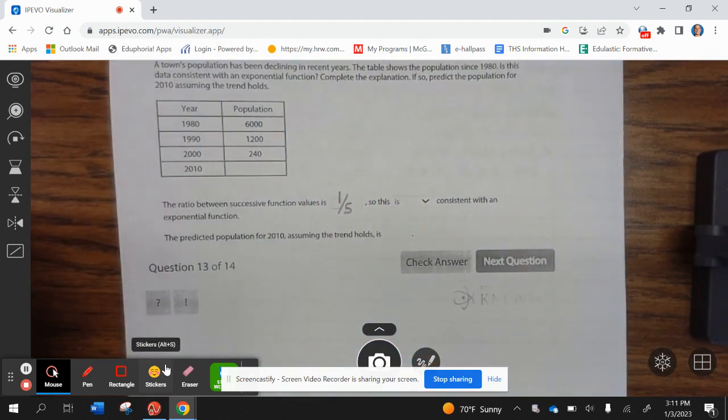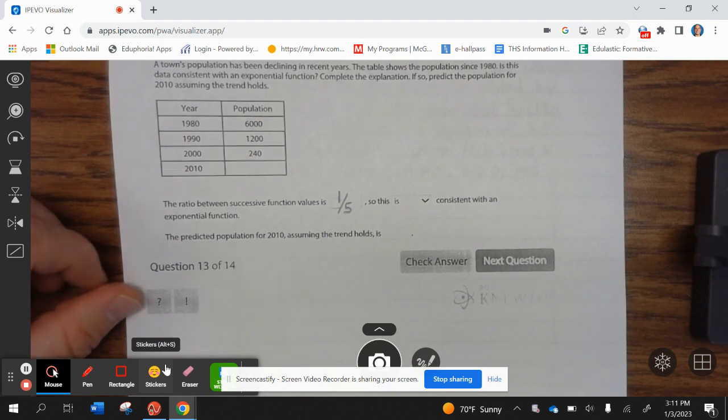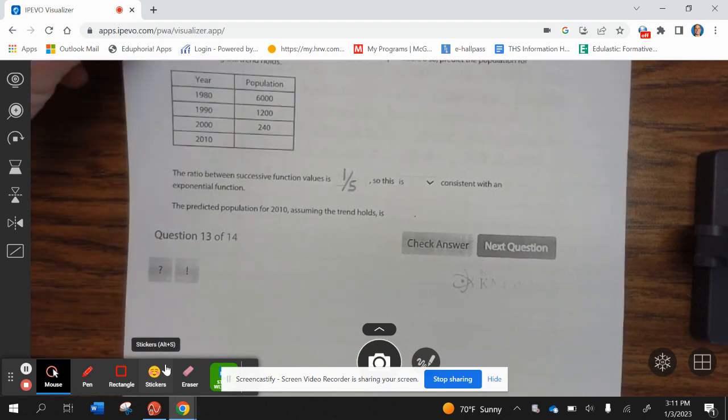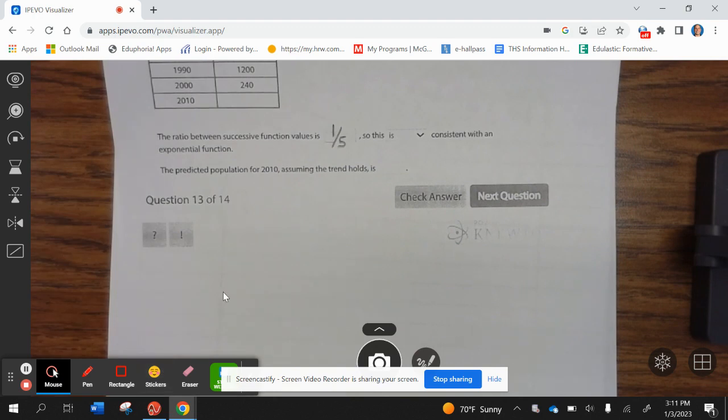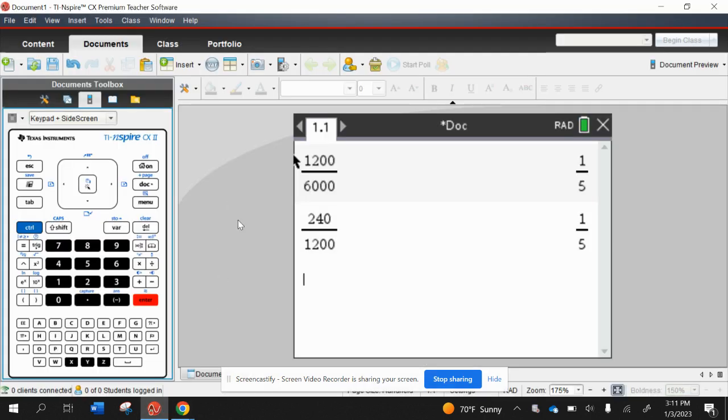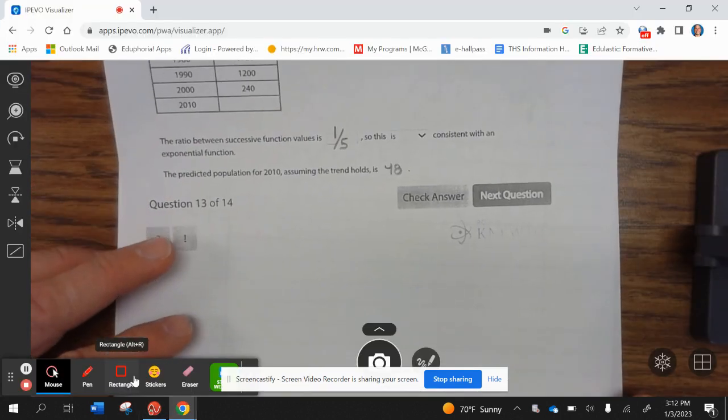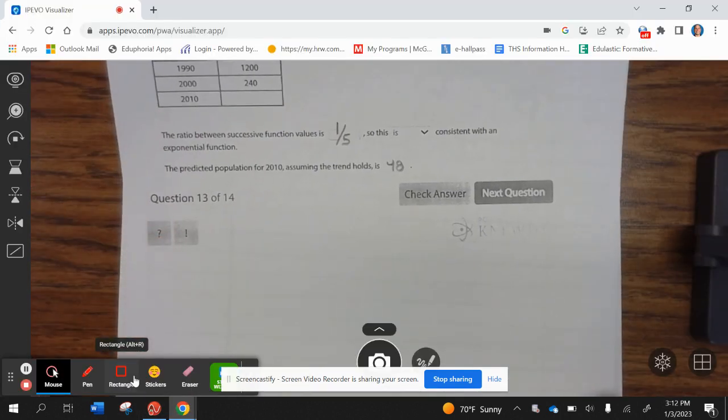So this is consistent with the exponential function. To predict the population in 2010, assuming the trend holds, all we have to do is multiply 1 divided by 5, parentheses, times 240 is 48. So the predicted population for 2010, assuming the trend holds, is 48.